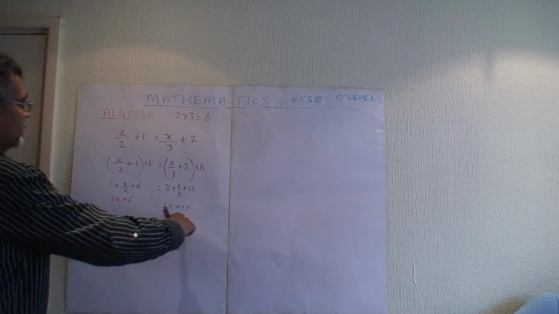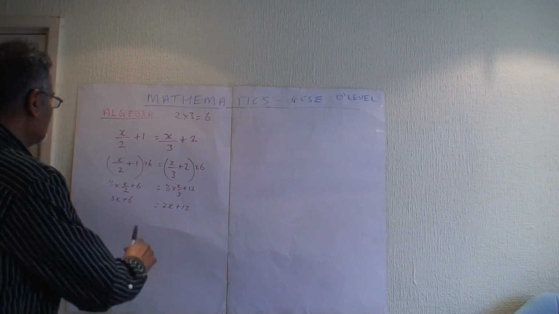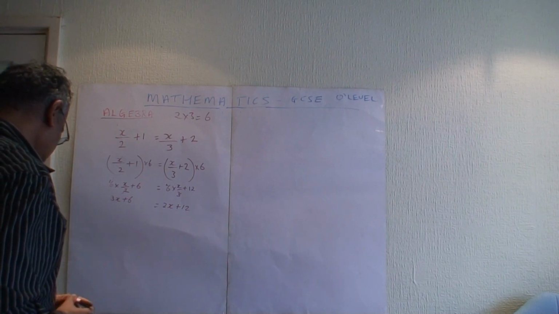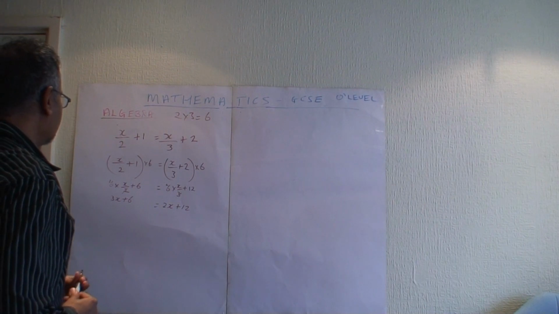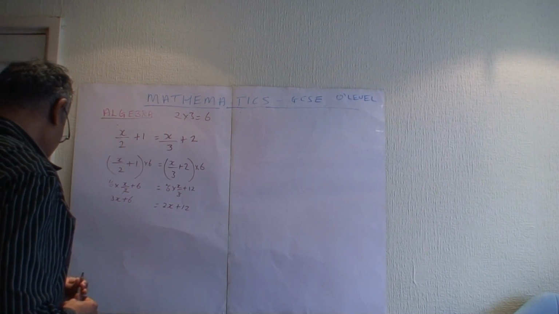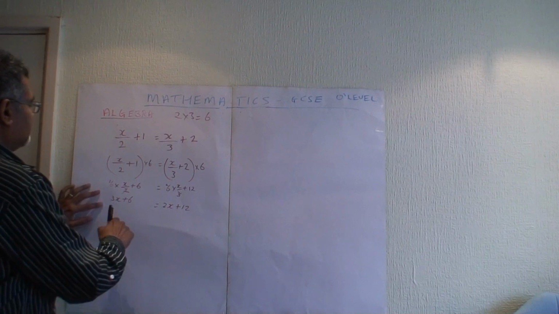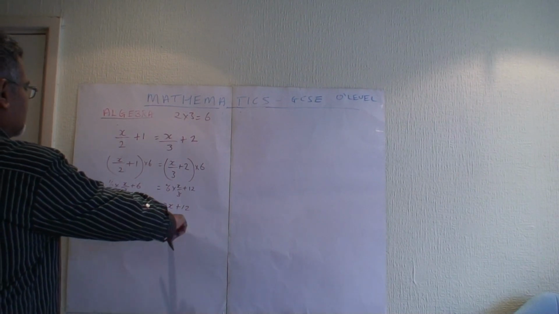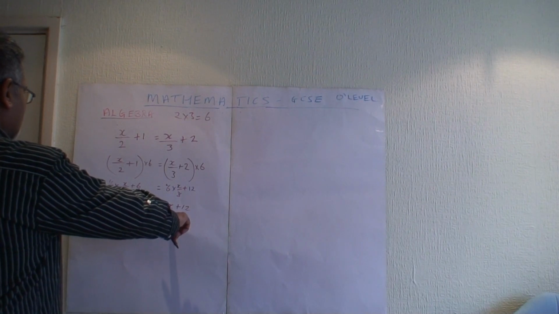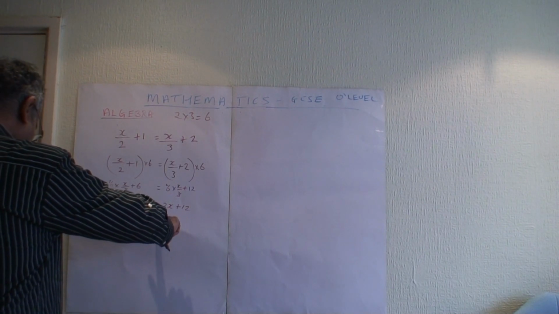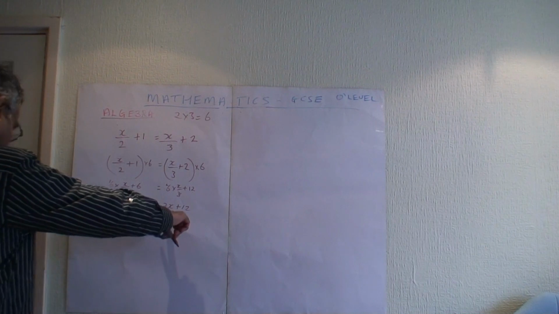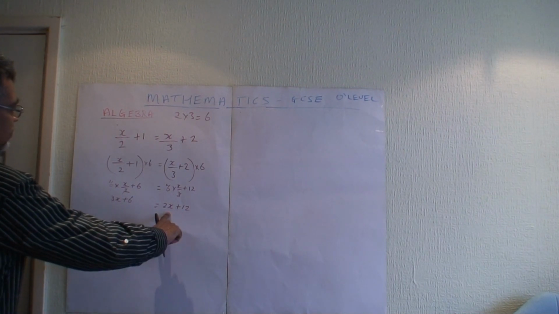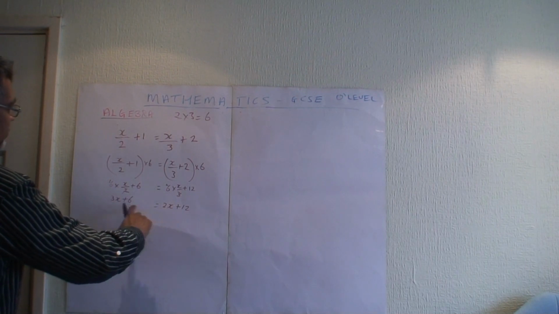So we have 3x plus 6 is equal to 2x plus 12. So we can group it. We look at groupings. We want to group all the x's together. So what we can do is minus the 2x on both sides. This takes out the 2x here.